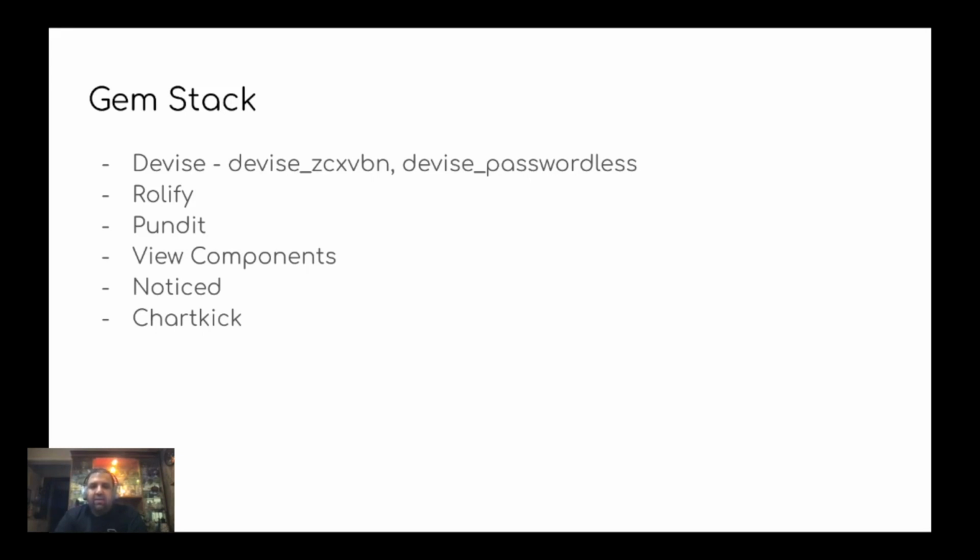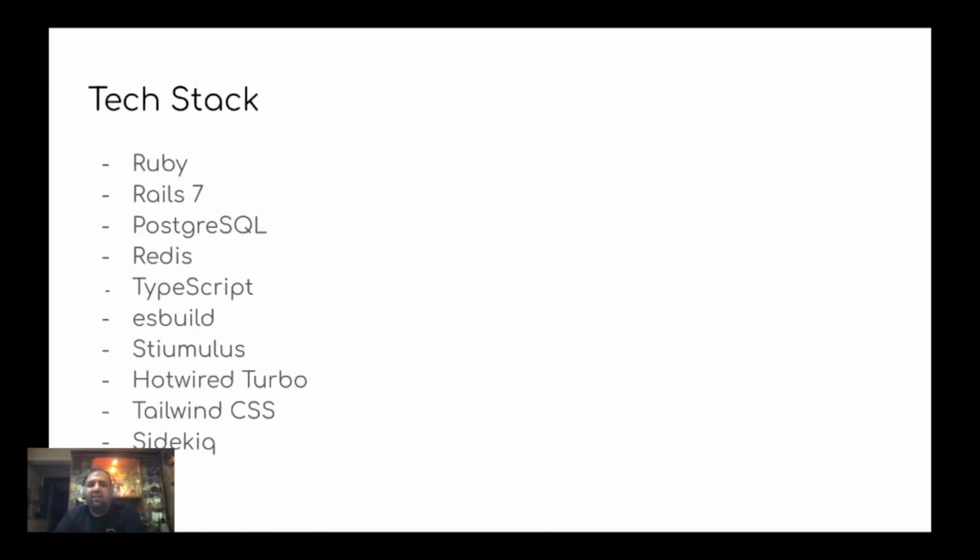I think one of the things that saved us in terms of time was Rails 7 coming up with so many new features like esbuild, Stimulus.js, and Hotwire Turbo. We were able to very effectively use some of these features, and also a lovely community came to our help every now and then whenever we needed them.